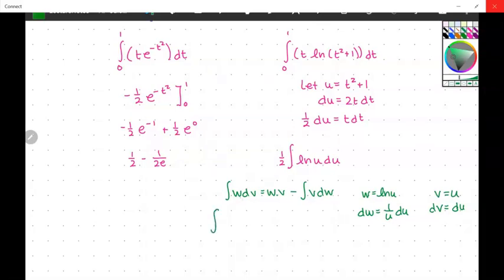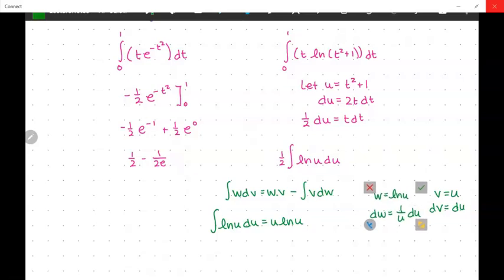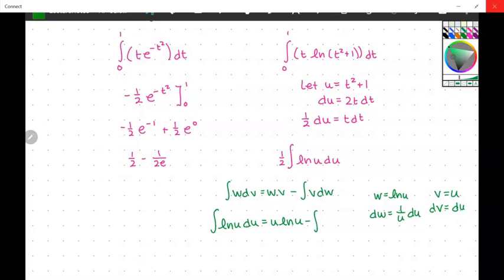So if I start from the beginning of this formula, you'll see it gives me the same integral. w is the natural log of u, dv is du, and that is the integral we're trying to evaluate. wv is u natural log u. And then it's minus the integral of v dw, but in v dw, the u and 1 over u cancel out, so we're just left with du.